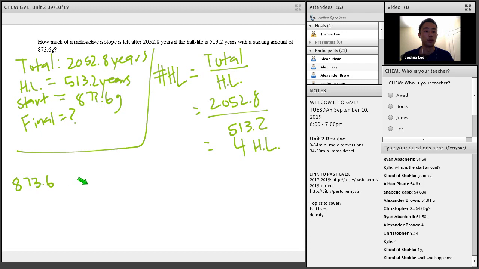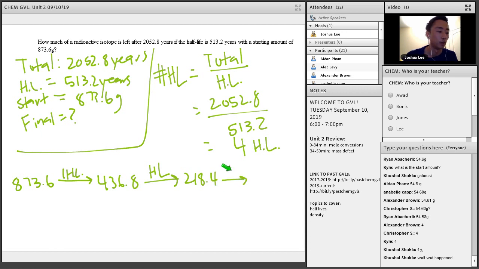After one half-life, 873.6 divided by 2, you get 436.8. After another half-life, you get 218.4. After another half-life, you get 109.2. Then the last half-life is 54.6.